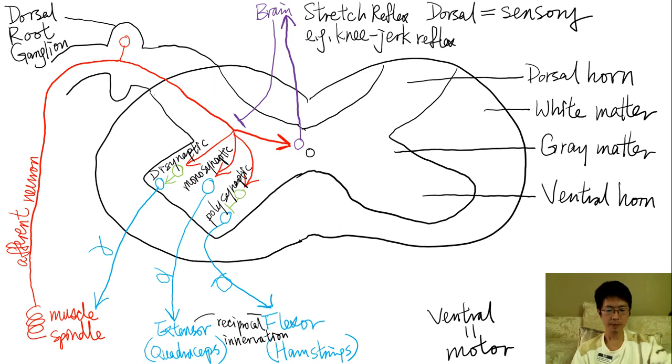Okay, what else do we need to know? We talk about reciprocal innervation. We talk about monosynaptic reflex, and okay, guess what? They are the receptor and the effector.